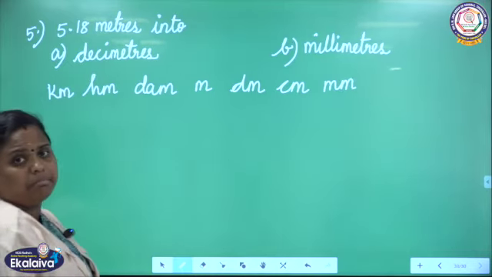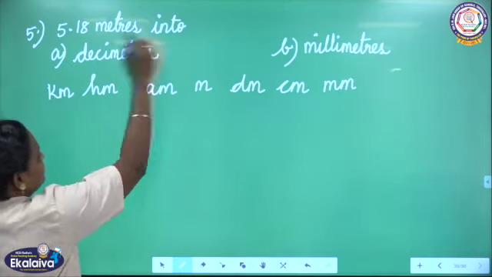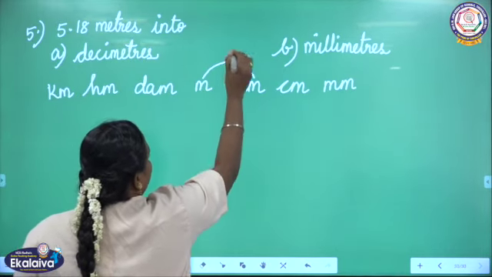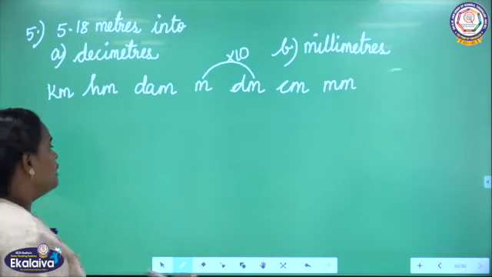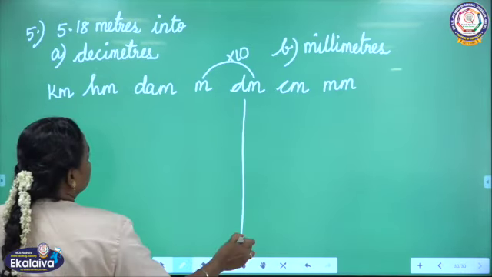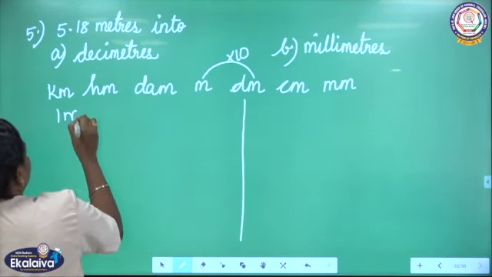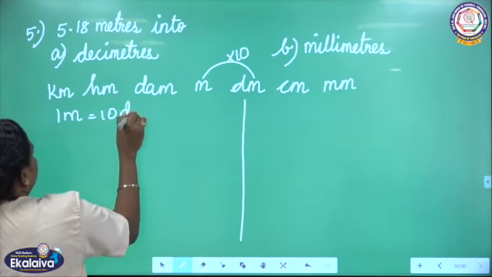What they have given? Meter, meter into decimeter. 1 meter equal to how many decimeter? 1 meter equal to 10 decimeter.